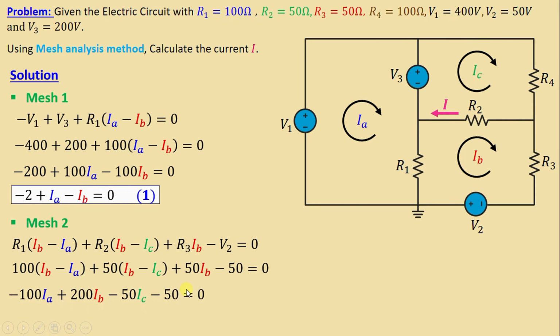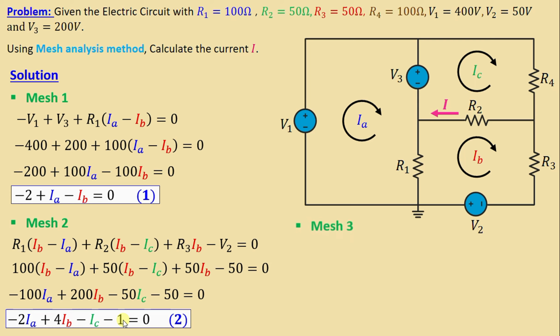If we continue simplifying this equation, we obtain negative 100 IA plus 200 IB minus 50 IC minus 50 is equal to 0. And if we divide the whole equation by 50, we obtain negative 2 IA plus 4 IB minus IC minus 1 is equal to 0.